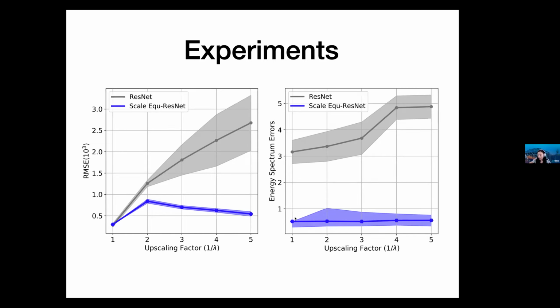So what we can see is that this model that is built to be equivariant also generates physically meaningful forecasts. The physical error of the forecast also does not change that much when we change the test data distribution by different factors. In contrast, the ResNet or the non-equivariant models will have exploding errors when we change the test distribution.